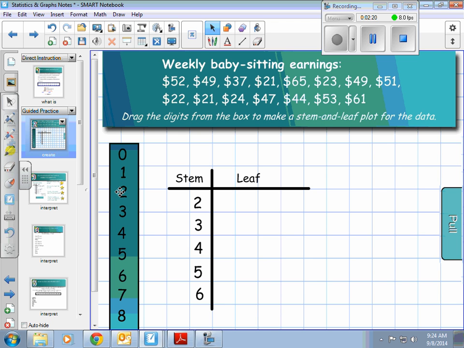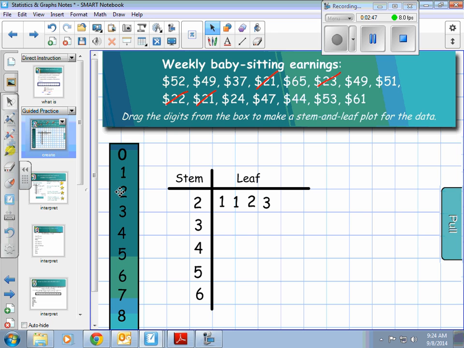Then I need to add my leaves. My lowest number is 21, so my leaf would be 1. I recommend crossing it off as you do it. So we had 21, we have 21 again, that's a 0, then 21, and then we have 22 and 23.